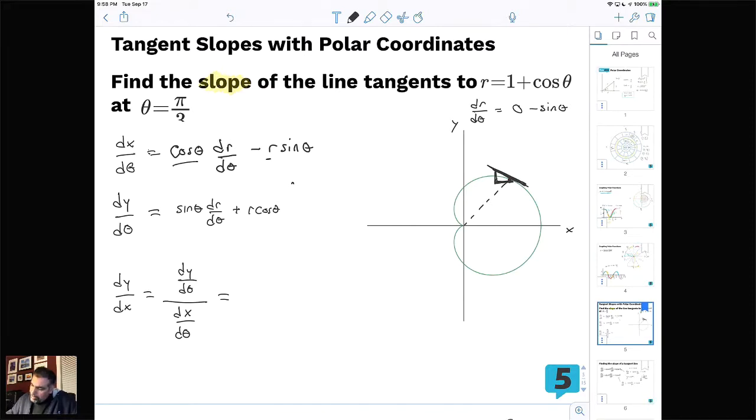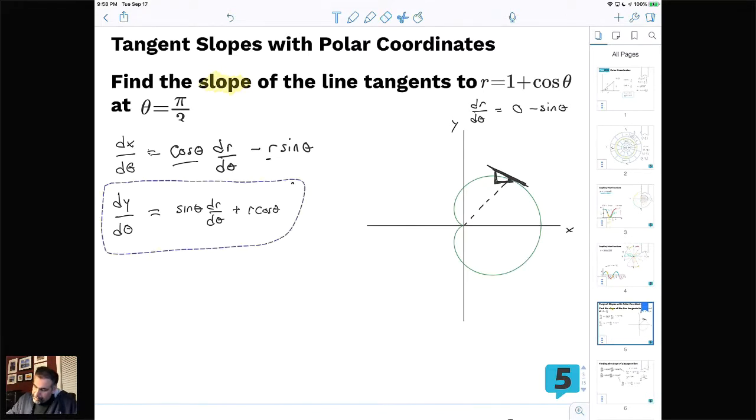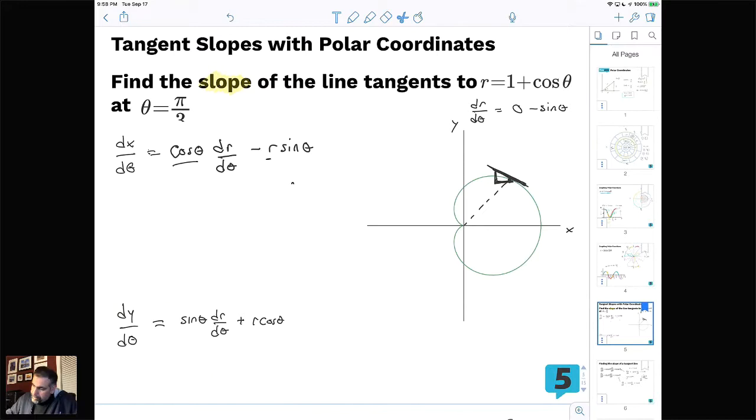So now, coming back over here, what we know is that dx over d theta is going to equal the cosine of theta times dr over d theta, which we have found to be negative sine theta, minus our original r, which is 1 plus cosine theta, times sine theta.